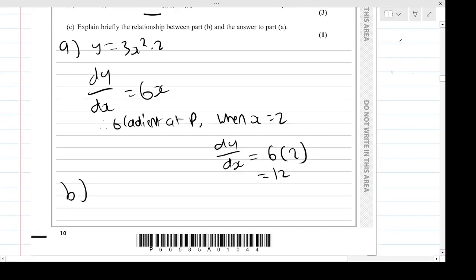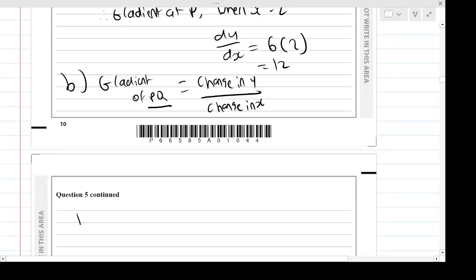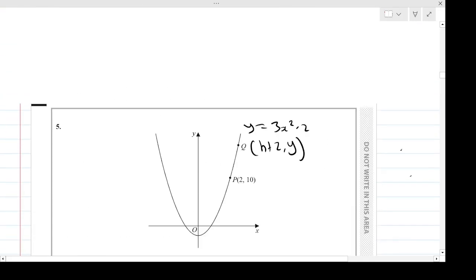Well, again, the gradient of a line, so the gradient of PQ, the gradient of any line is just change in y over change in x, right? So again, as I remind you, we calculate the gradient, the change in y over change in x, of points P and Q. But I was told that P was the point (2, 10), and Q, as I remind you, was up here.